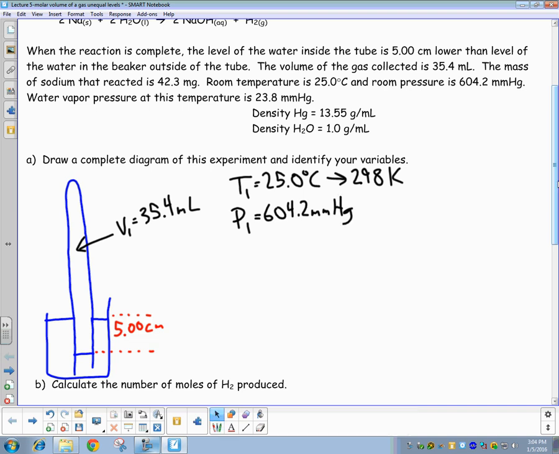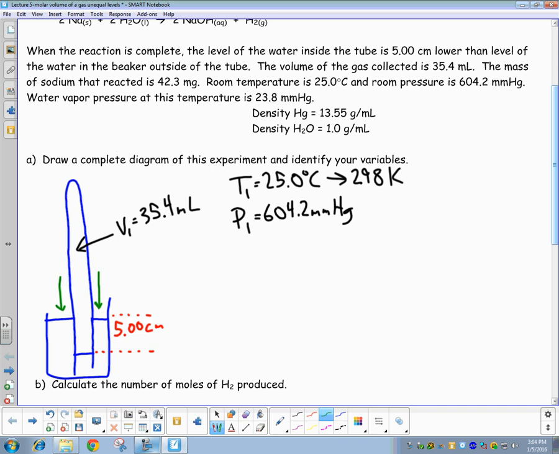In other words, that pressure is being exerted right here on the surface of the water in our beaker. Okay? Now, the issue is that that pressure is being translated through water and then exerting a force on the gas trapped inside the tube.